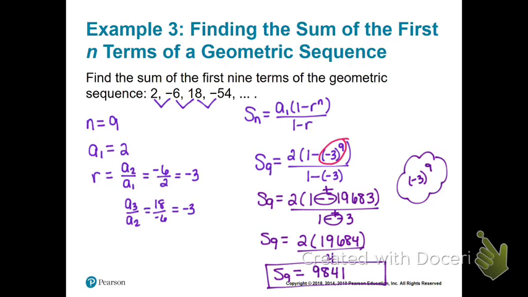It's 9,842. Yep. All right. And so there's the sum of the first 9 terms of that geometric sequence.